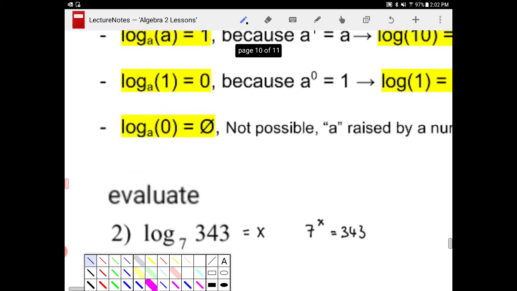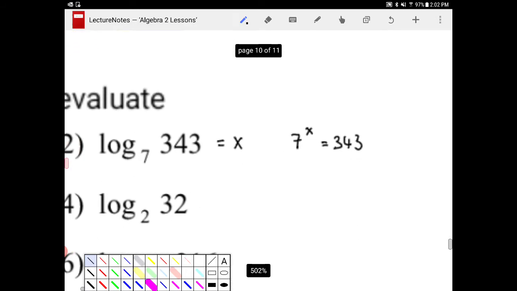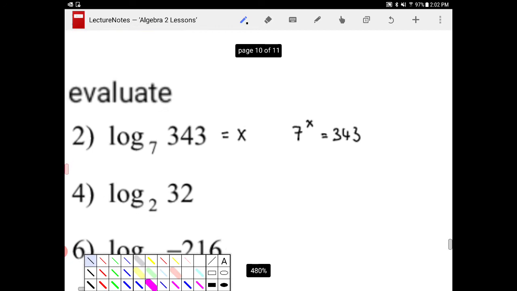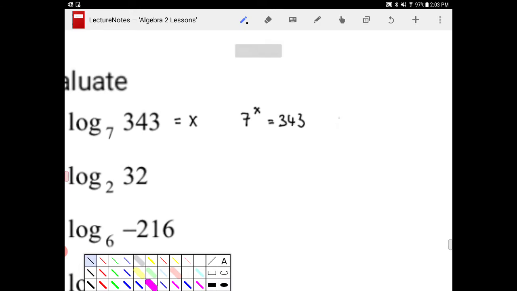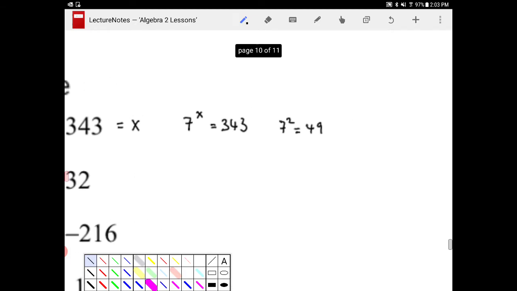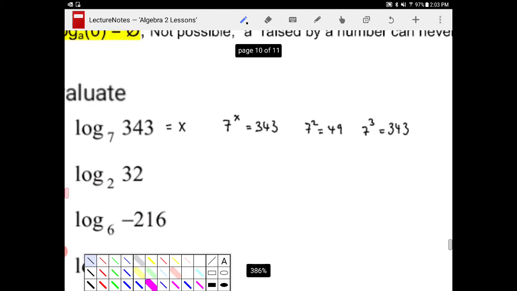Okay? All right, so 7 to the x is equal to 343. What is that? Well, I know that 7 squared is equal to 49, right? 7 to the third has to be 343, right?